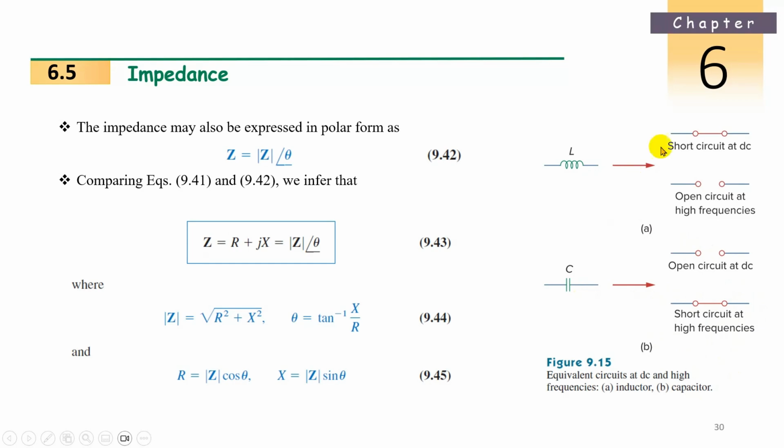When the frequency is 0, inductance acts as a short circuit and capacitance acts as an open circuit. But for high frequency, inductance acts as an open circuit and capacitance acts as a short circuit. You have to remember this vice versa.